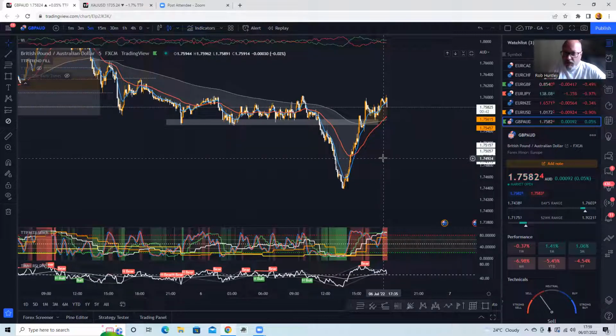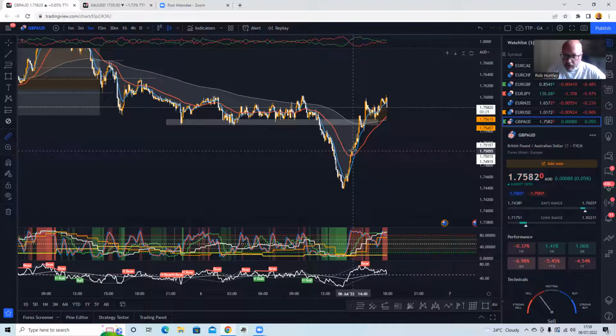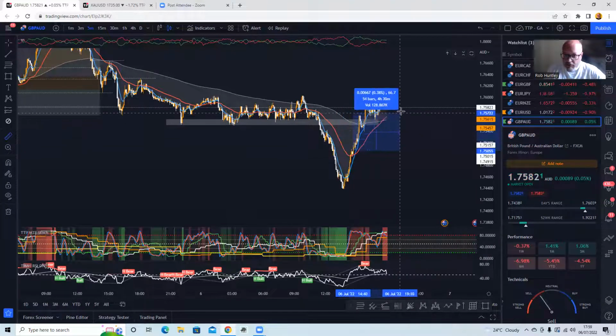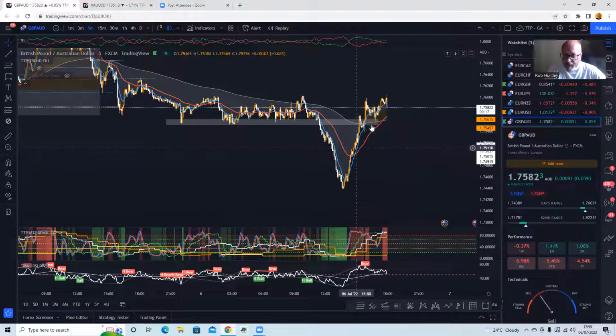It's just an additional confirmation, but some people will be quite happy to wait for that to happen before getting in. Even if you got in at that sort of area, let's say it's around there, that's pushing 100 pips, 90 odd pips up to there. So, not to be knocked on this pair.